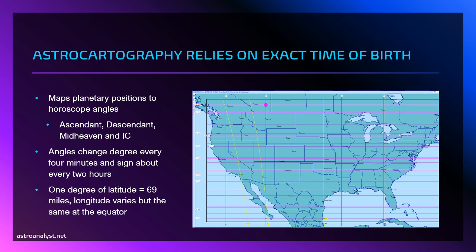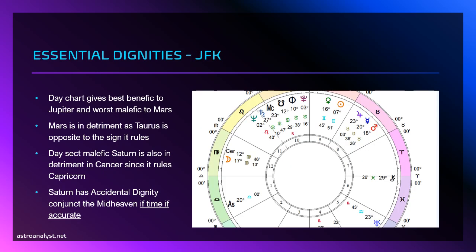And then you've got to understand that there's mileage attached to these degrees, and if you were to change the latitude by a degree, that would be 69 miles. Longitude would be 69 miles at the equator, but then it gets smaller as you move towards the poles. But I wanted to also talk about essential dignities.